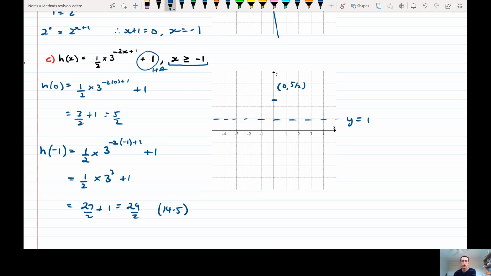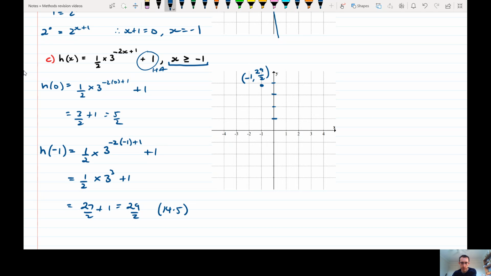So now that I've drawn these things, I'm going to get rid of them because they're not going to fit with our scale. So I'm going to make each one of these, since it's 14.5, each one of these is going to be worth 3. So that way here at -1, we can plot our point at -1, 29/2, which is going to go there.